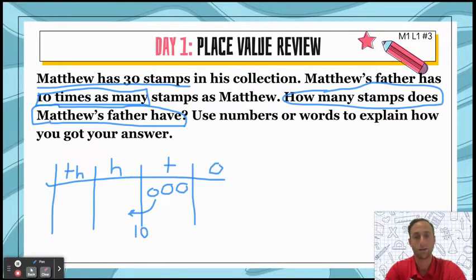Our value increases by 10 times the amount. So each one of these tens will be relocated to the hundreds place because each one will represent 10 times more, and it will represent what Matthew's father has.